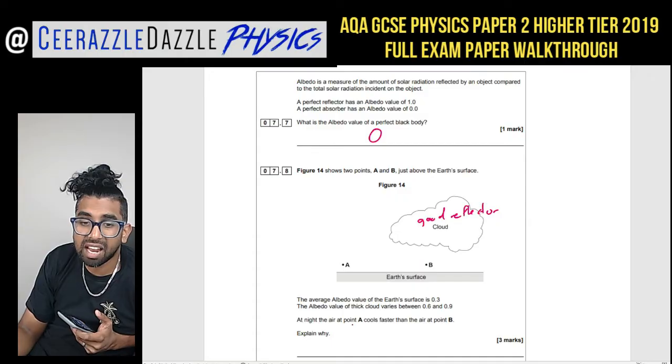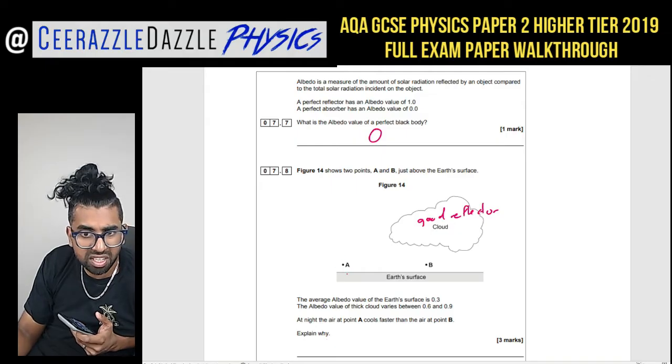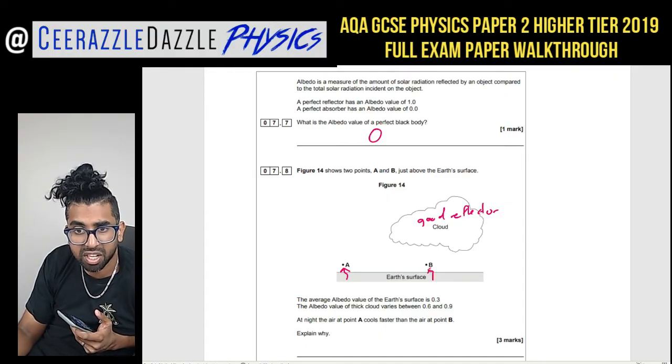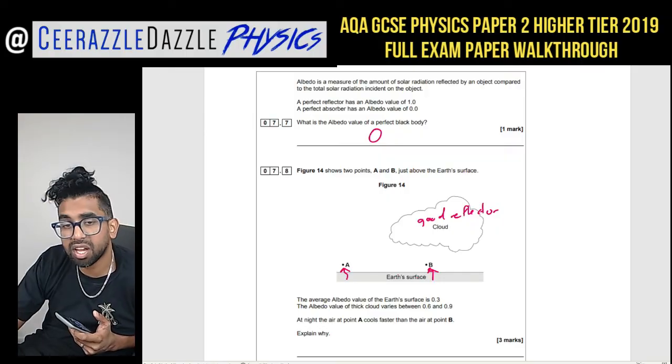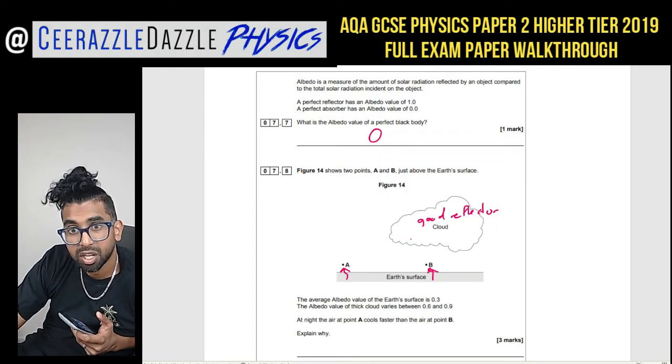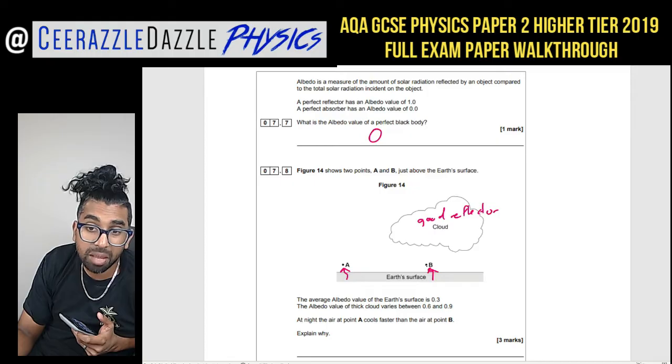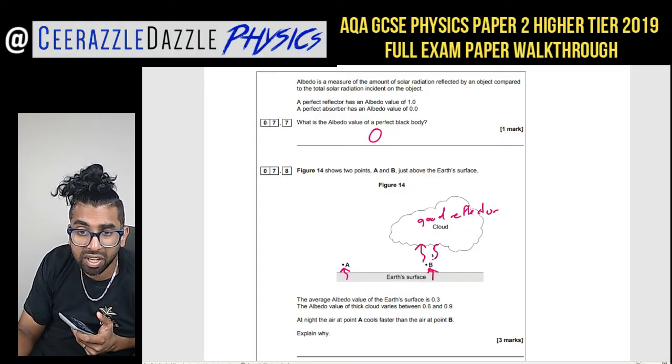At night, the air at point A cools faster than the air at point B. Explain why. Well, hopefully you can recognize that the Earth's surface will emit heat on both sides over here. That heat will travel upwards, but look, the cloud will reflect the heat back down.